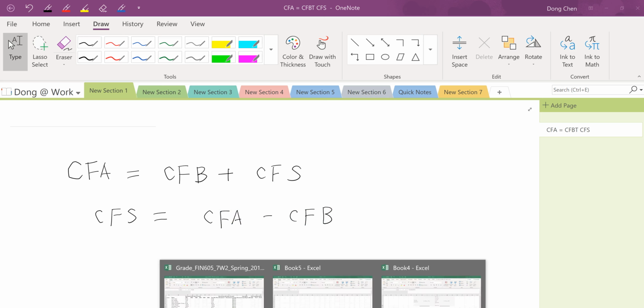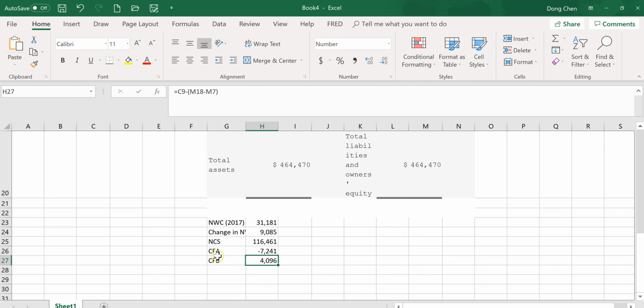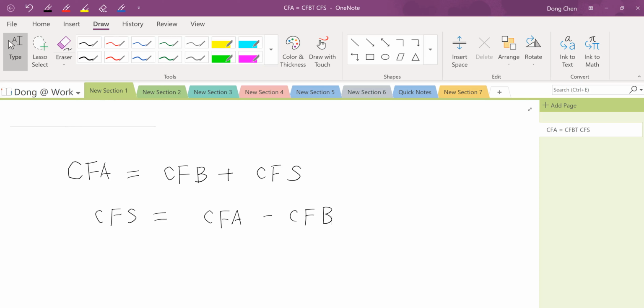Now we have the CFA and we have the CFB. So CFS, cash flow to stockholders, is simply the CFA minus CFB. So it's an even larger, in absolute terms, negative number.